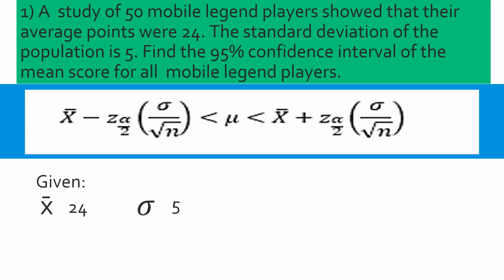And then the standard deviation, which is equal to 5. And then the Z sub A over 2, since the desired confidence level is 95%, using the T-table, we can get 1.96, which is the confidence coefficient. And then the sample size, or N, is equal to 50.